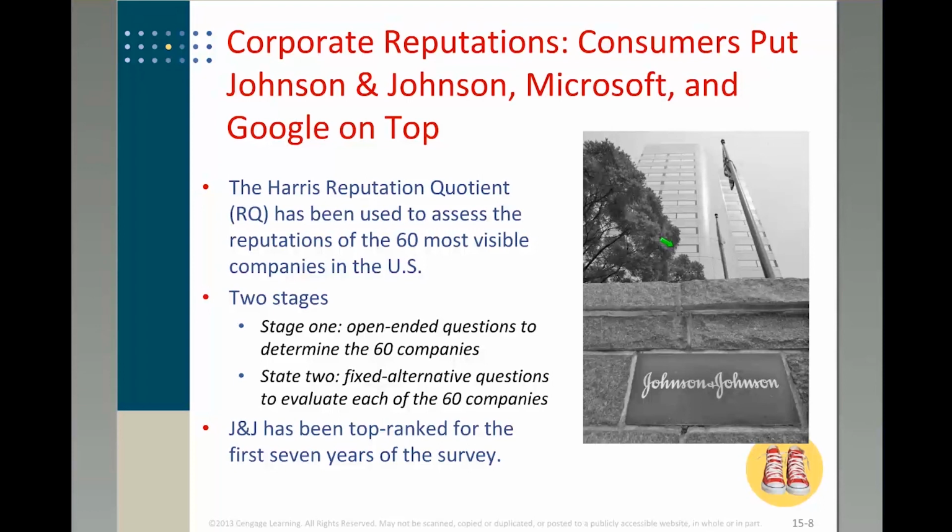And then the first stage is open-ended questions to respondents, asking them to name the companies that are most visible, or the most important, or the most well-known in the US.